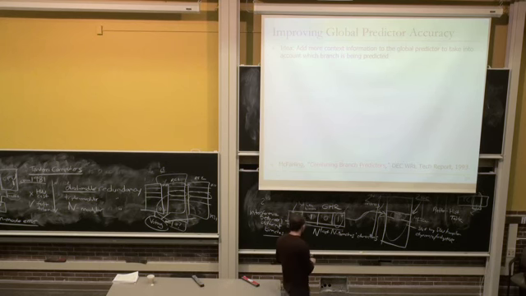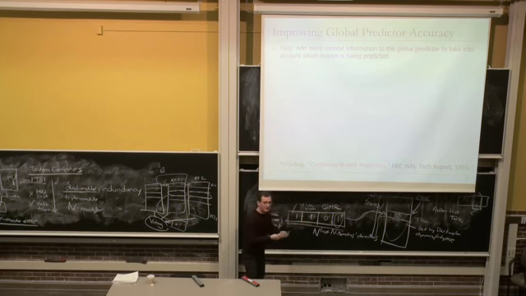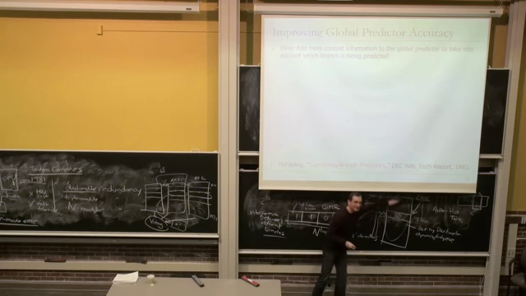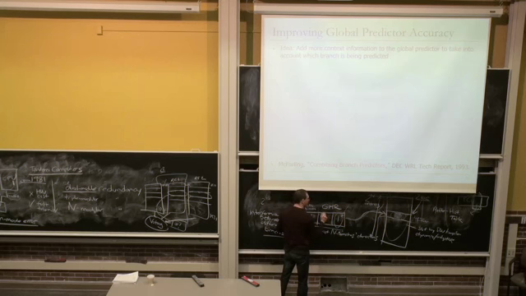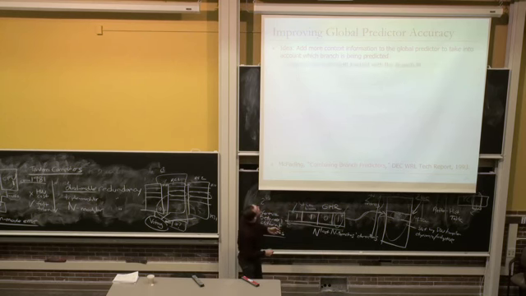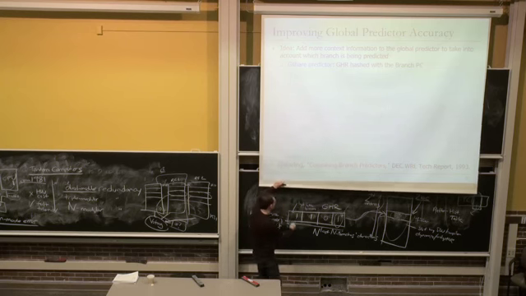Instead of using just history, one thing you can do is you can put more context before indexing this pattern history table. So here we were saying, where did the branch that I'm going to execute go the last time I saw this history? But you could also do this.